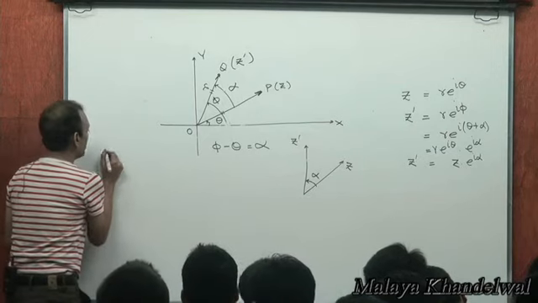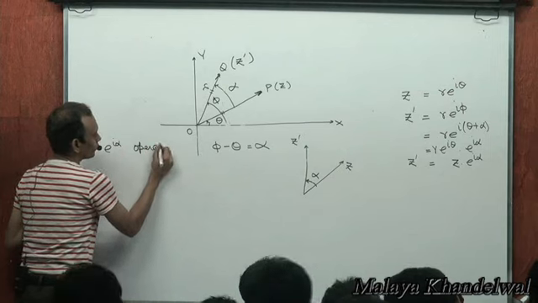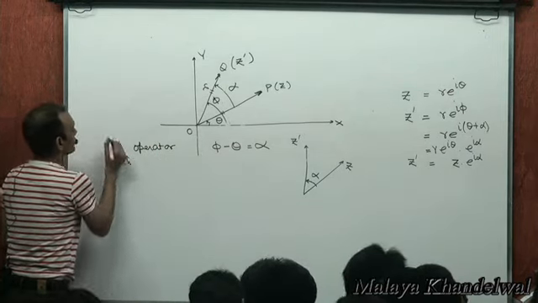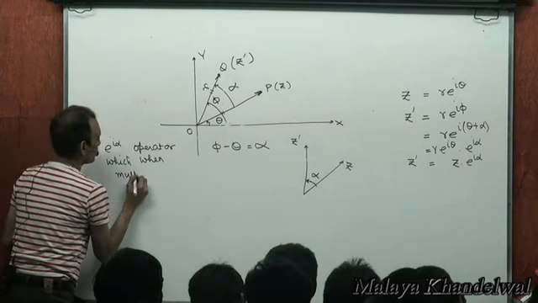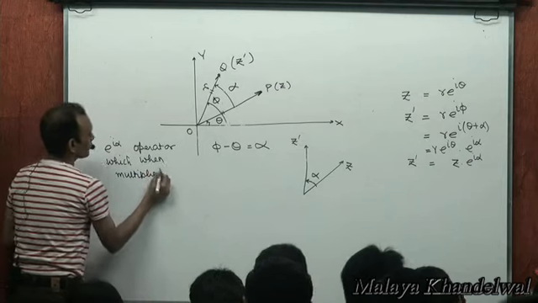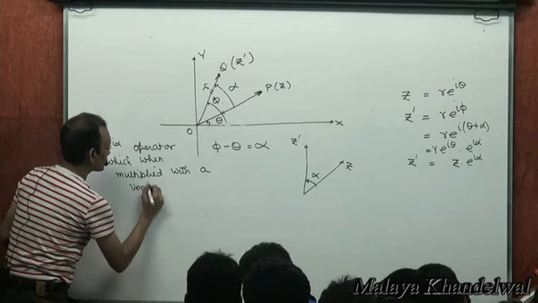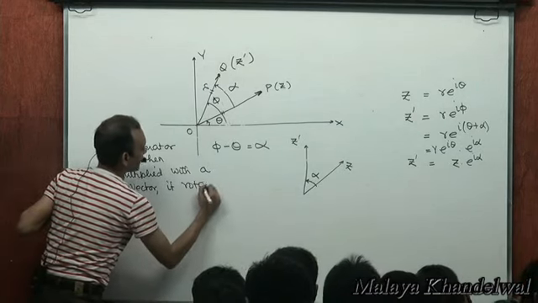E power i alpha is an operator which, when multiplied with a vector, rotates the vector by an angle alpha.